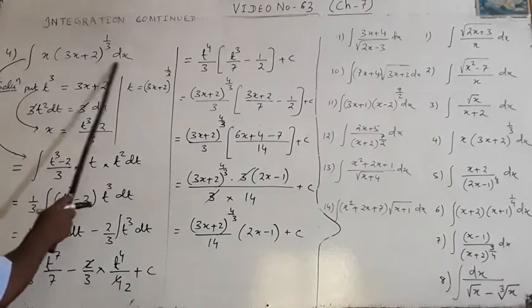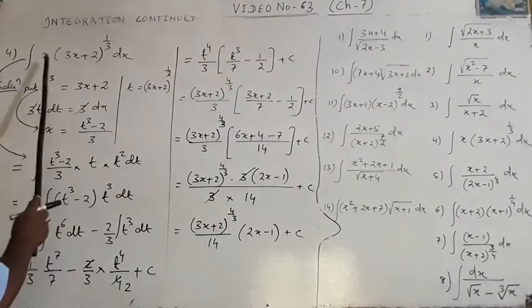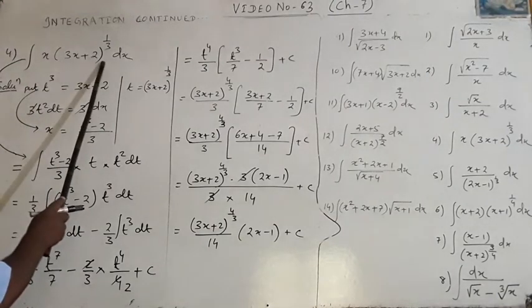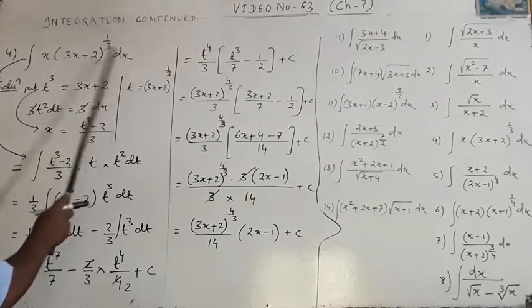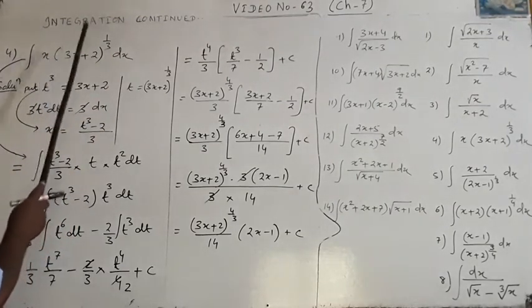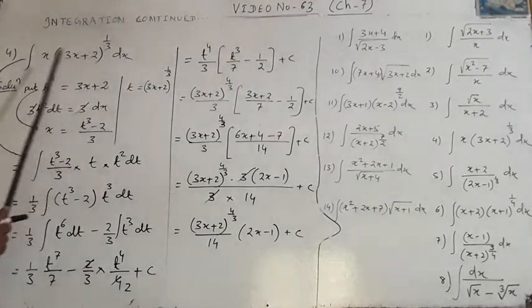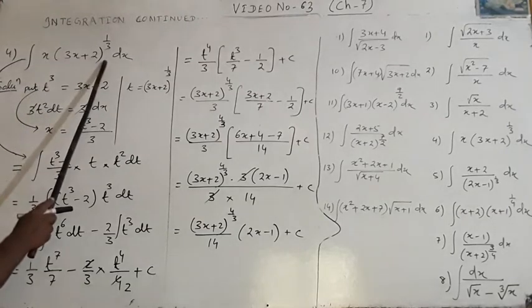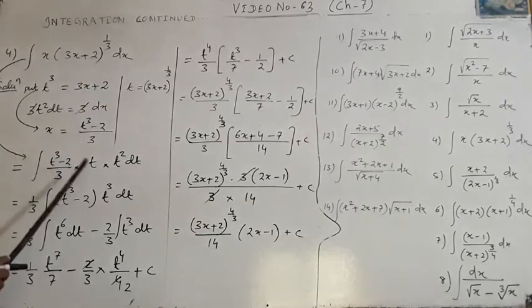So in this problem, we have to put the value of x, the value of 3x plus 2 to the power 1 by 3 and dx. So, we have to put t in these places. In place of x, I am putting t cube minus 2 by 3. In place of 3x plus 2 to the power 1 by 3, we have to put t.